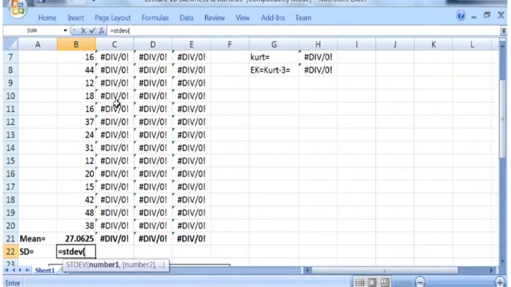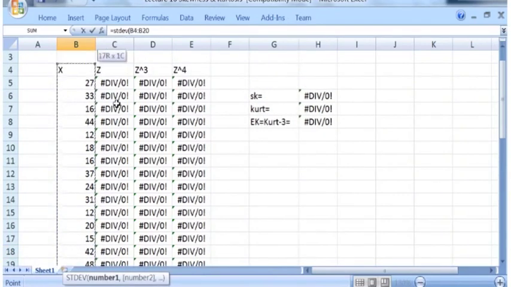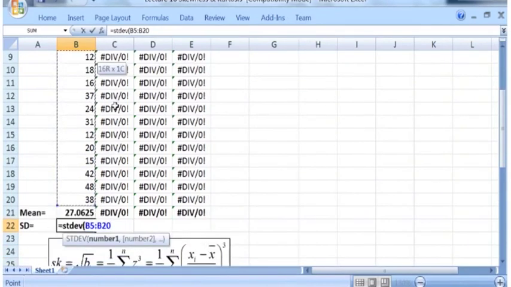STDEV is a built-in function which is used to calculate standard deviation. Next we provide the suitable cell range, B5 to B20. So this will calculate the standard deviation of these numbers.